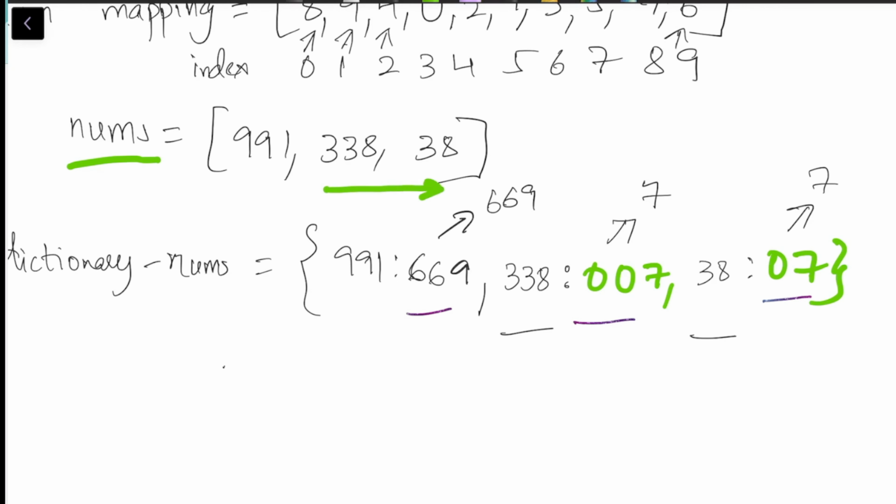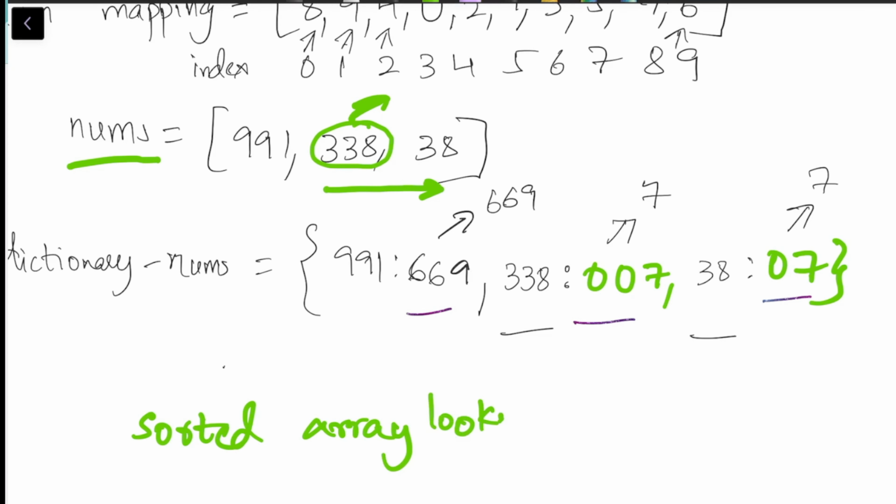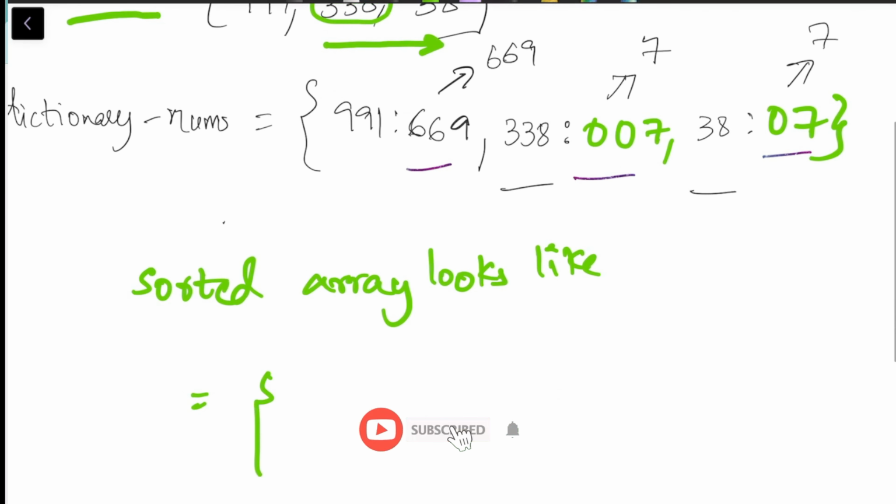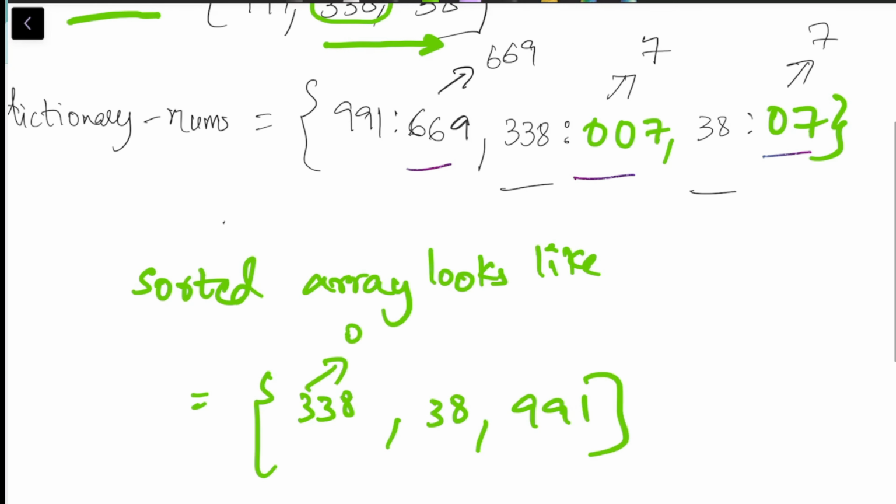So 338 comes first, so you need to put the value 338 in the sorted array first. The sorted array looks like 338, 38, 991, because this corresponds to 007, this corresponds to 07, and this corresponds to 669.